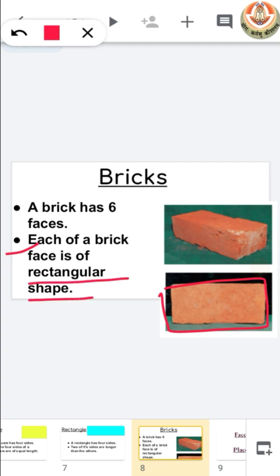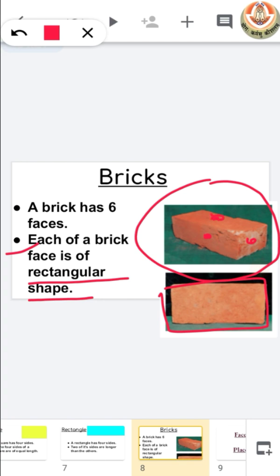Now let's see how many faces a brick has. So you can see in this picture that we can see 1, 2 and 3 faces, and similarly 3 faces on the other side.